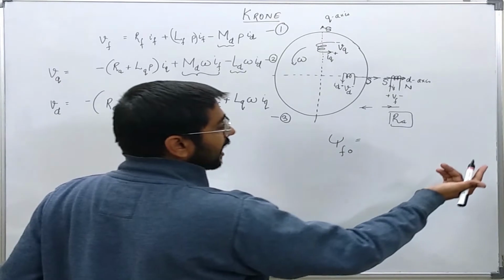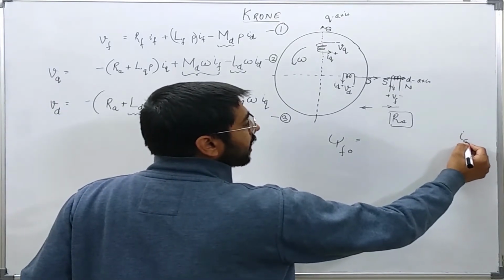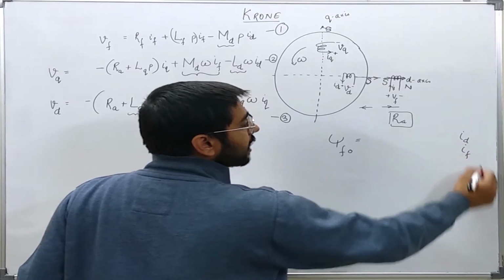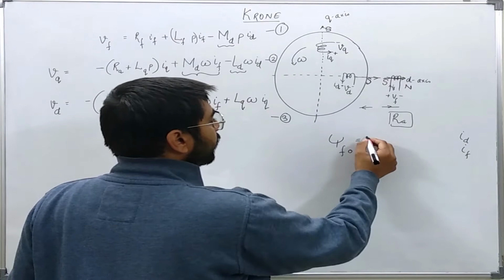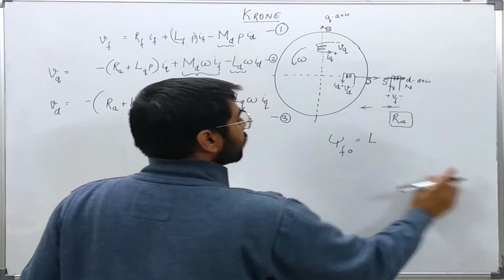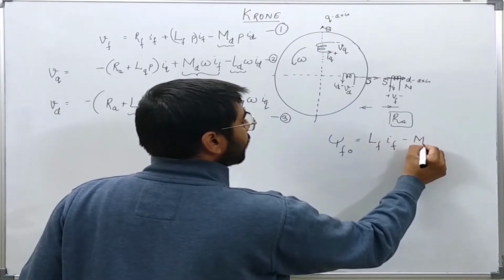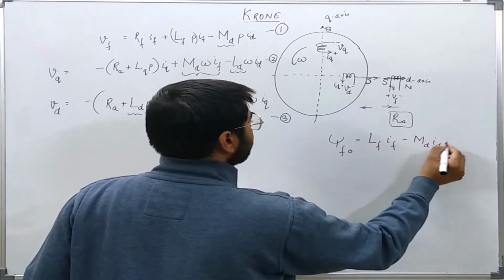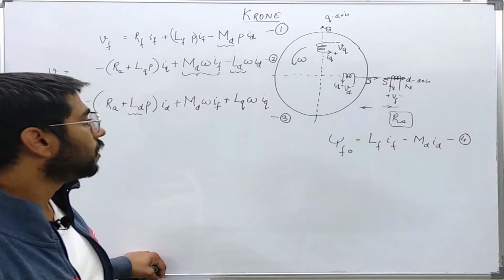Let us say after the fault the D axis current is ID and the current in the field winding is IF. So it will be simply LF IF minus MD ID. Let us say this is equation number 4.